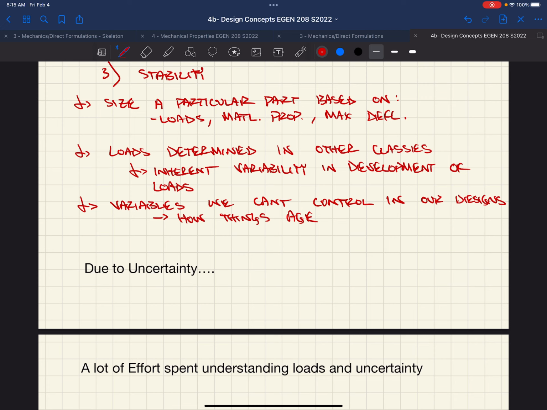Well, we don't know how good one owner is going to be at maintaining their structure or their component, or element. One mountain bike rider might be super meticulous at oiling and cleaning their chain, adjusting their derailleur and stuff, and then another owner could just take their bike and let it sit outside. So how things age, we cannot control very well.